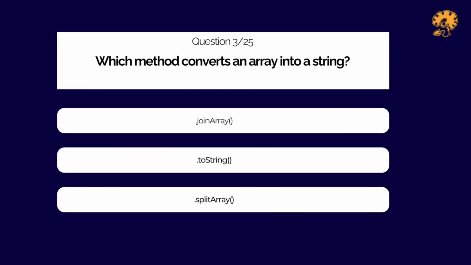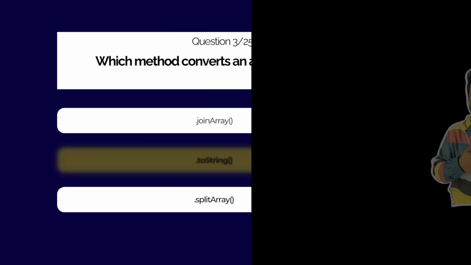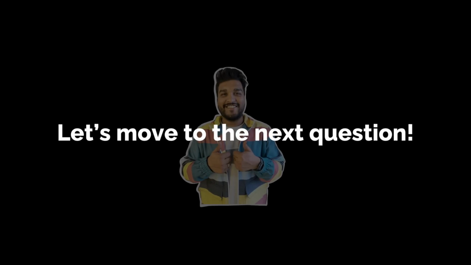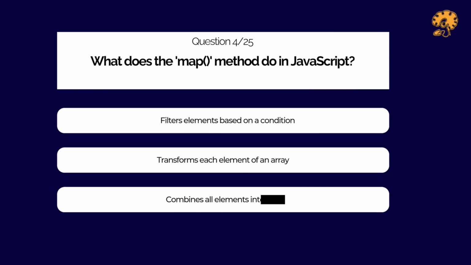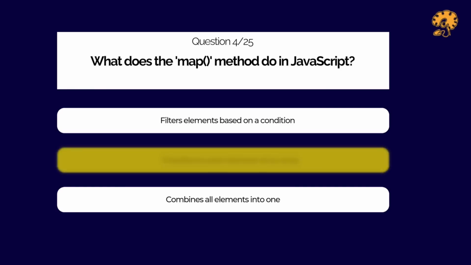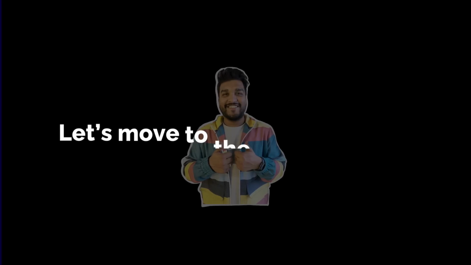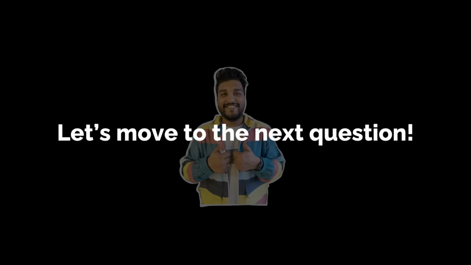Which method converts an array into a string? Let's move to the next question. What does the map method do in JavaScript? Let's move to the next question.